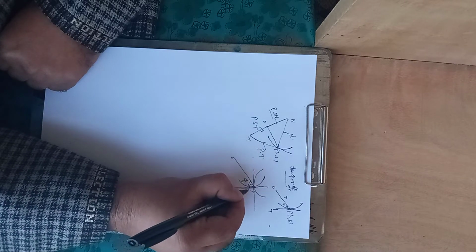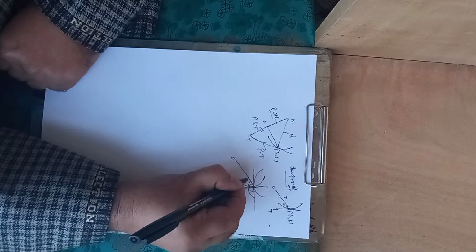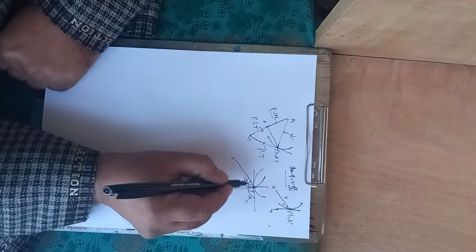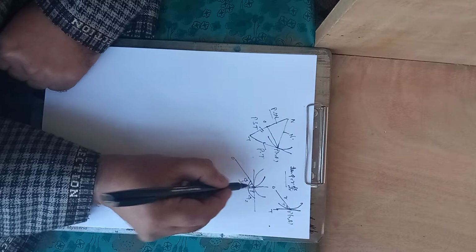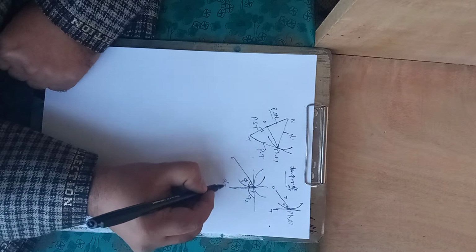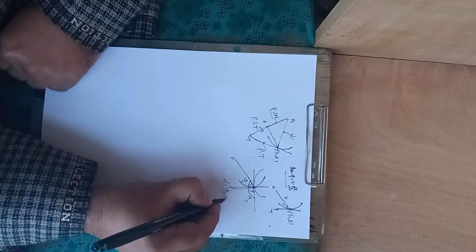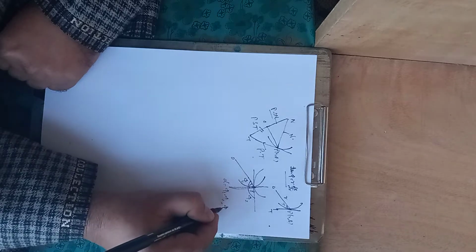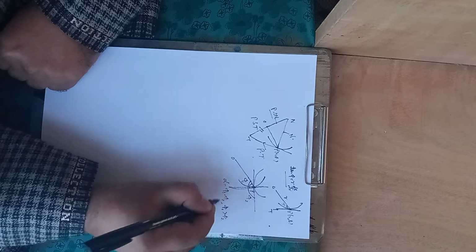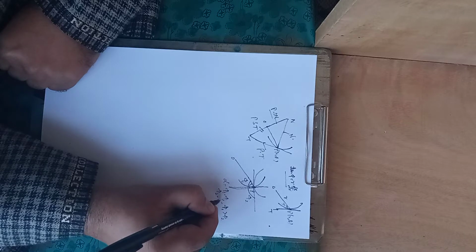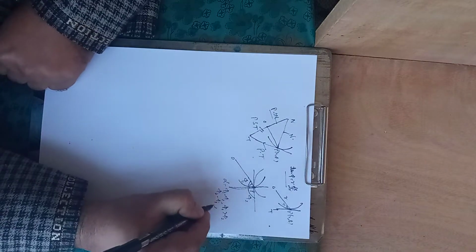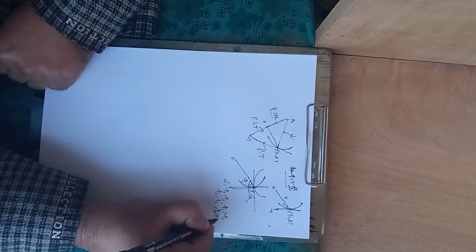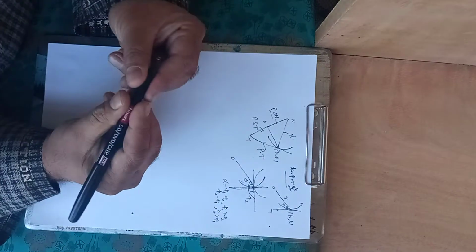This will be angle phi 2, the angle between radius vector and tangent. Obviously this portion is common to both. This is known as the angle of intersection. It will be phi 1 minus phi 2 if phi 1 is greater than phi 2, and phi 2 minus phi 1 if phi 2 is greater than phi 1. This we have already done.